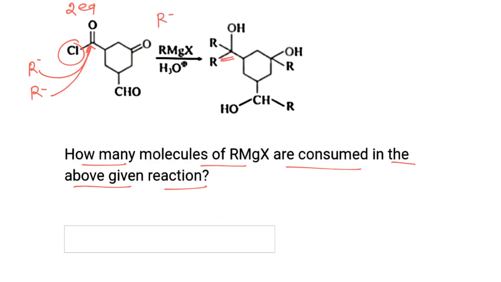Now one Grignard reagent R negative will be used to convert this ketone into a tertiary alcohol, so one equivalent at this point, and one equivalent of Grignard reagent is used to convert an aldehyde to a 2 degree alcohol. So a total of 4 equivalents of Grignard reagent are used, and hence the correct answer is 4.